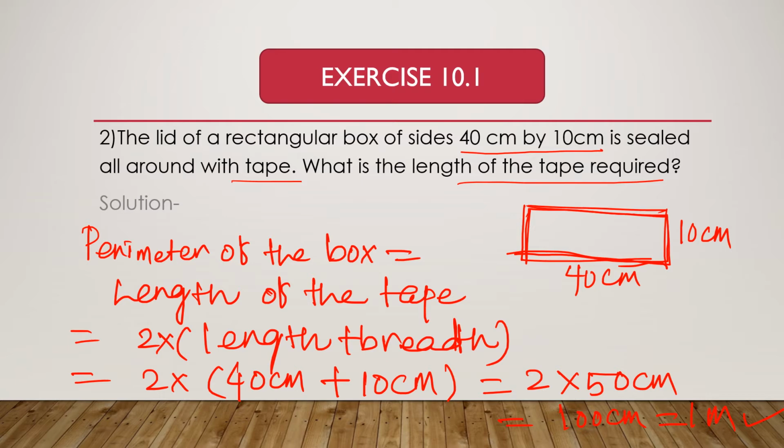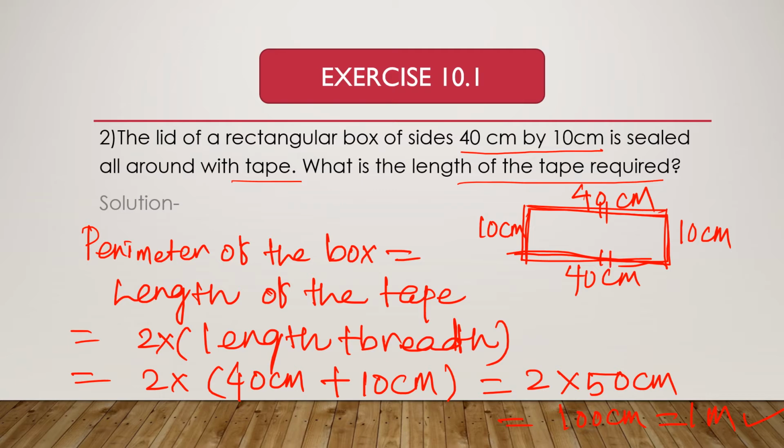Or we can calculate this by the sum of all sides. We know in a rectangle opposite sides are equal. So this is 40 centimeter and this also will be 40 centimeter. This is 10, so this will be 10 centimeter, because in a rectangle opposite sides are equal.